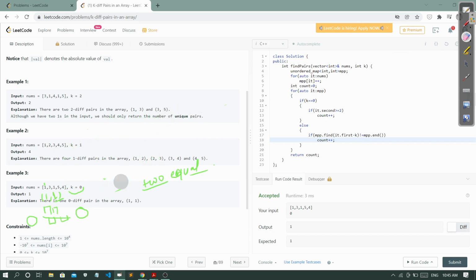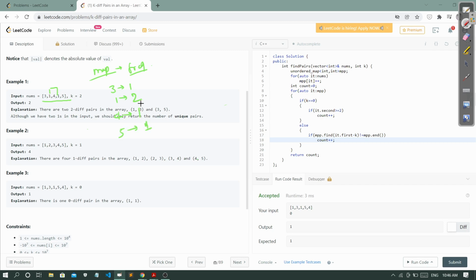So let's try to see the approach of how we will solve this problem. See, in this problem, suppose we take a map, and in the map we calculate the frequency of all the elements. Suppose in this problem I consider the frequency of each element: 3 occurs one time, 1 occurs 2 times, 4 occurs 1 time, and 5 also occurs 1 time.